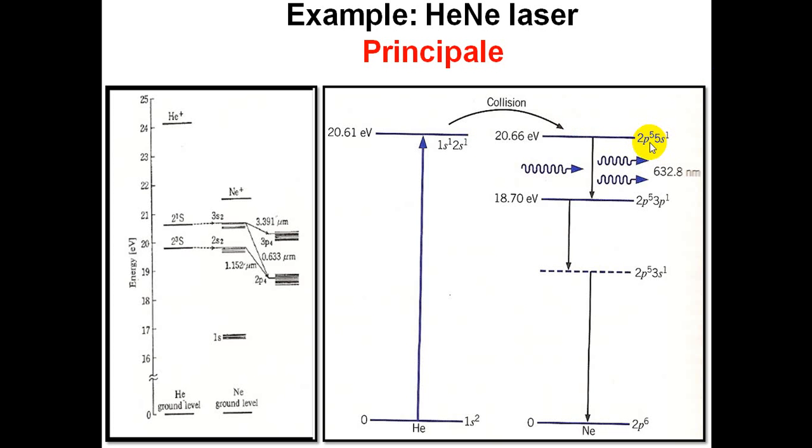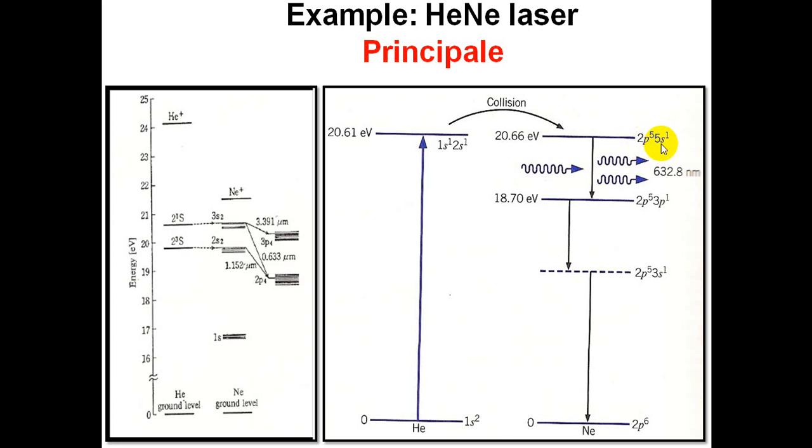Excited state 2p5 5s1 of neon atom has a longer lifetime as compared to its other energy levels.